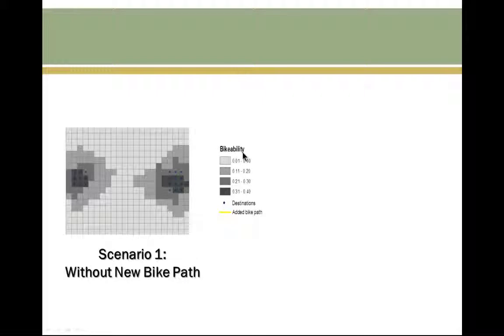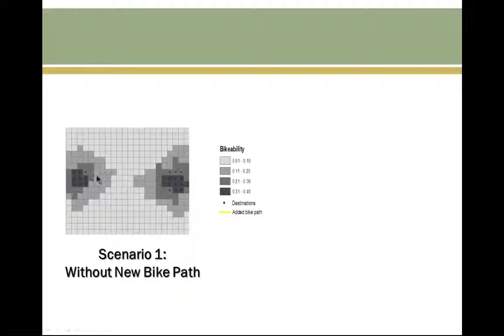This is a figure taken from a publication that we submitted and will be published in 2012 for the Transportation Research Board. In this publication, we used a fictitious 2-centered community, and the blue dots represent the destinations, and the lines actually are a perfect grid of streets, and we gave bicycle level of service of a C or D to all of these streets with the perfect grid.